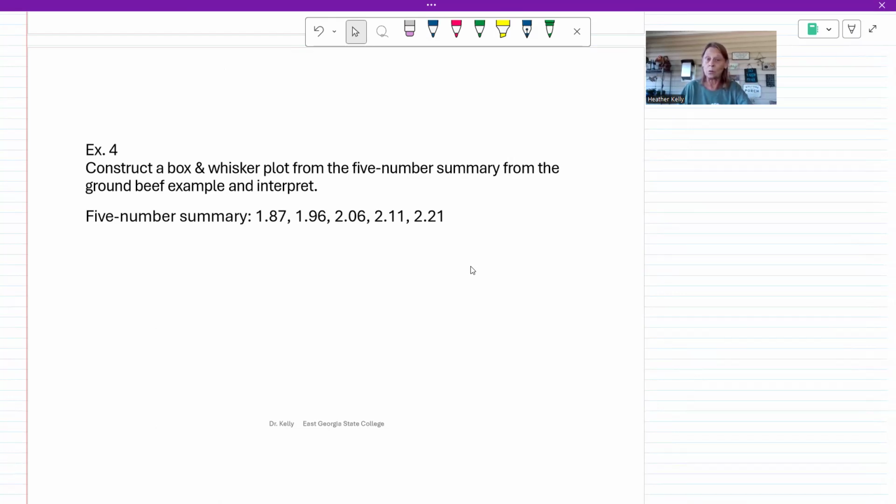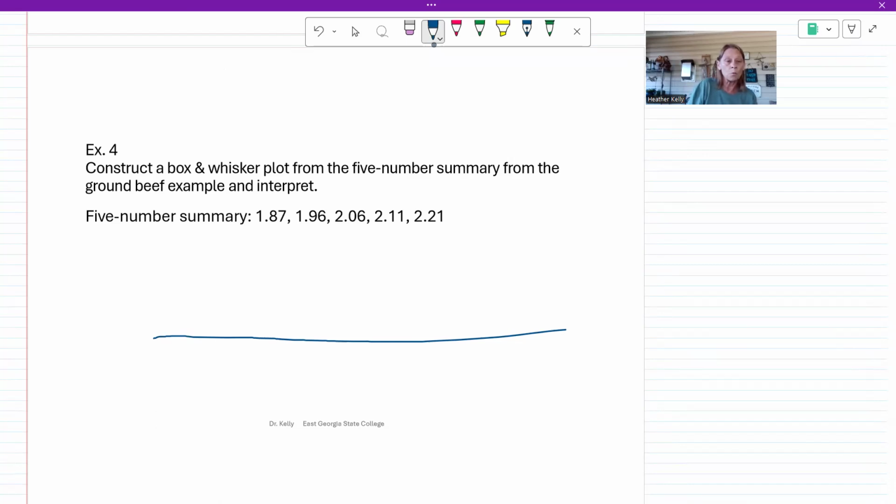But we're going to do the beef survey here, and we're going to do its box and whisker plot. So how do we start? We start off with a number line. And believe me, when I tell you that sometimes the hardest part of this is figuring out what numbers you want on either side, right?